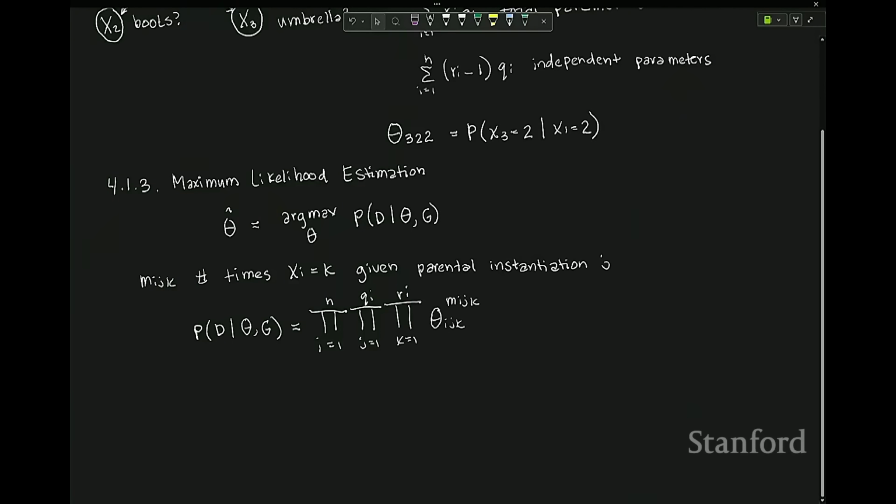So if we observe x 1, 1, 1 2 times, we would have that theta value, theta 1, 1, 1, twice in our product. So this would be to the power 2, which is that count of how many times we observed it in the data. Basically, this gives us a slightly more compact way of saying to multiply the parameters representing the likelihood of each data point we've observed.